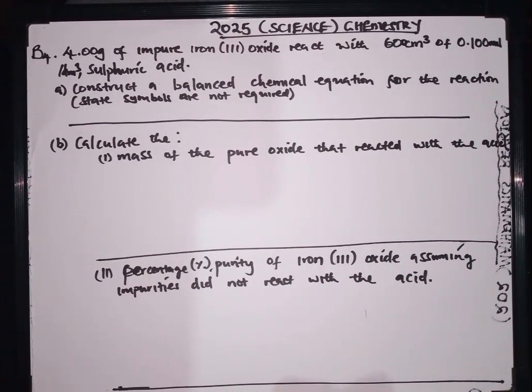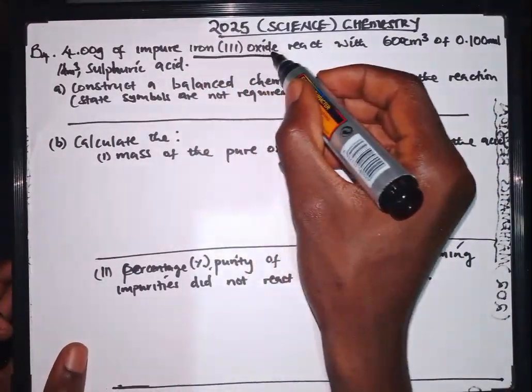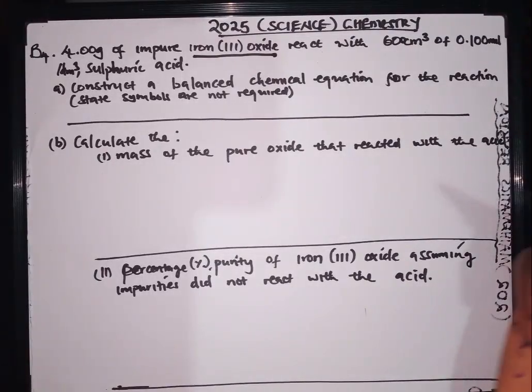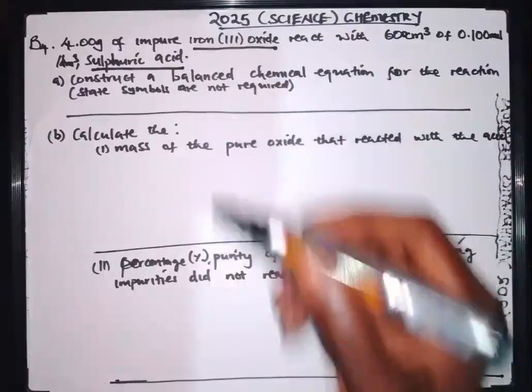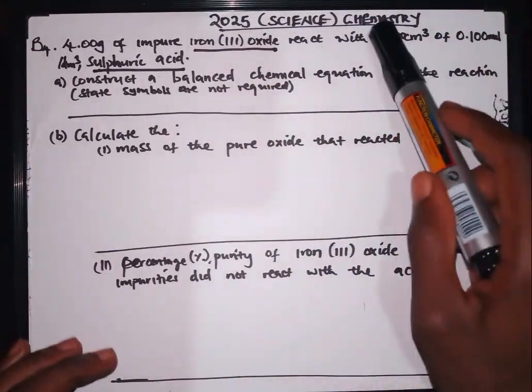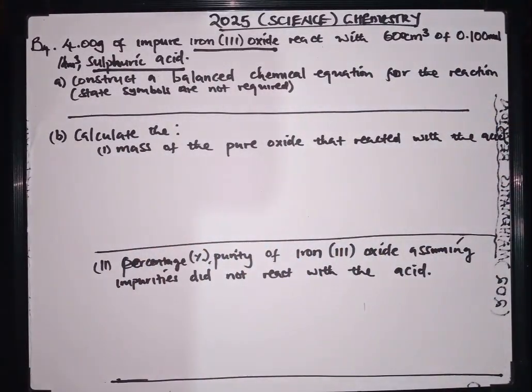The first reactant we have is impure iron 3 oxide, which reacts with sulfuric acid. At the beginning, first you need to ignore these numbers, because in the equation you won't use the numbers.